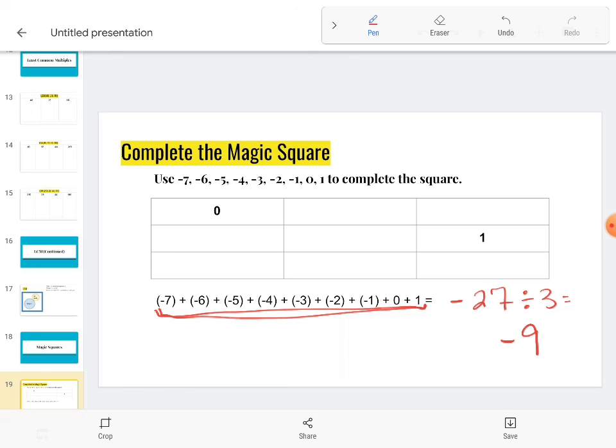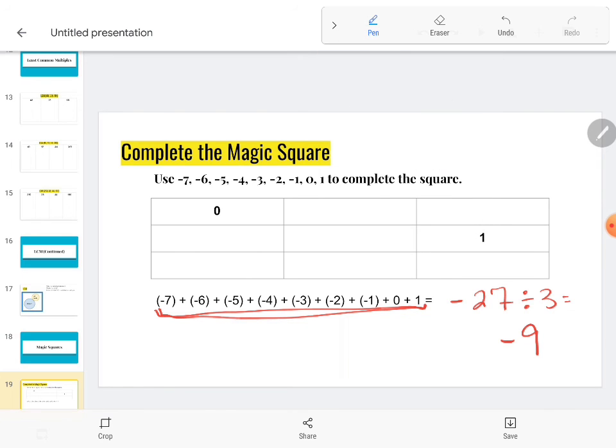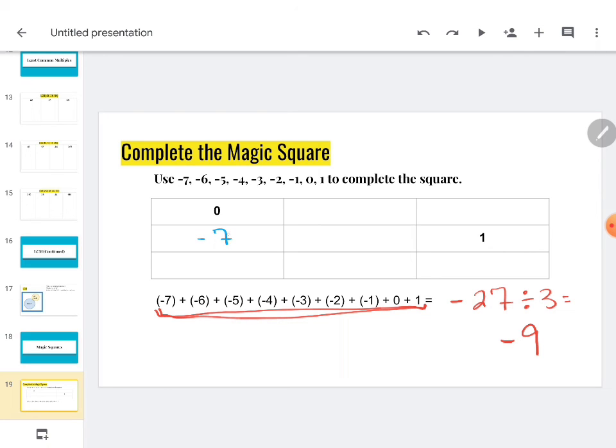So what we're going to start out with is just throwing in random numbers until we get our magic square completed, and eventually find our answer. So first we're going to start out with -7, and I'm just throwing random numbers out. We'll put -2 right here, and so this should be -9.